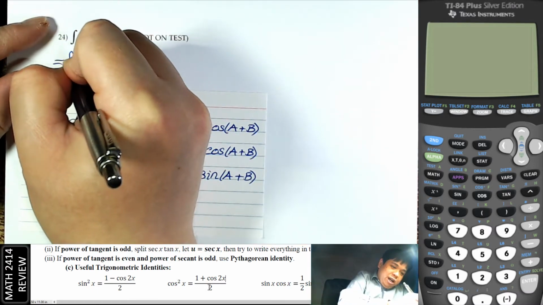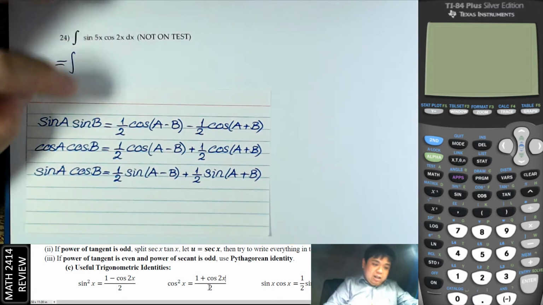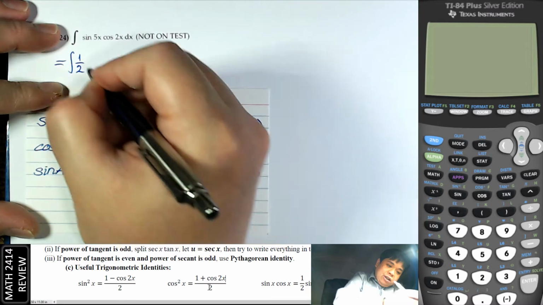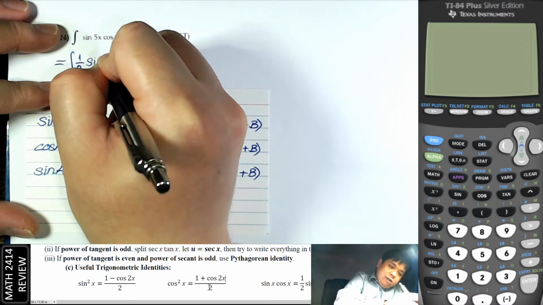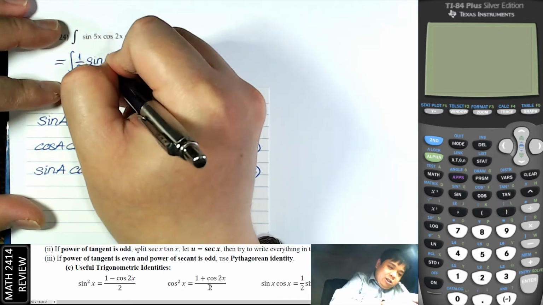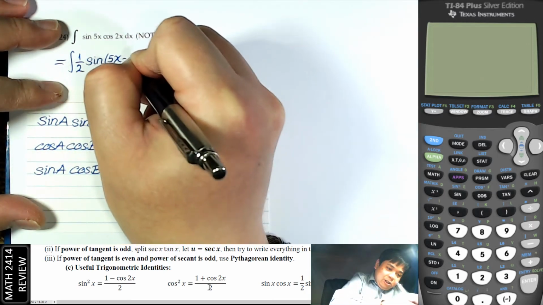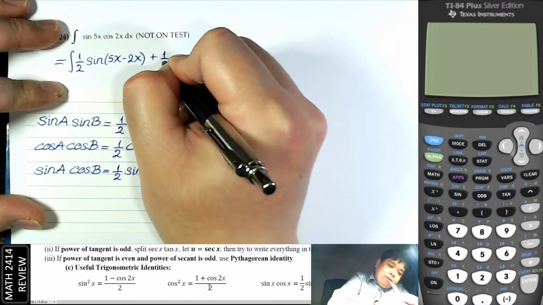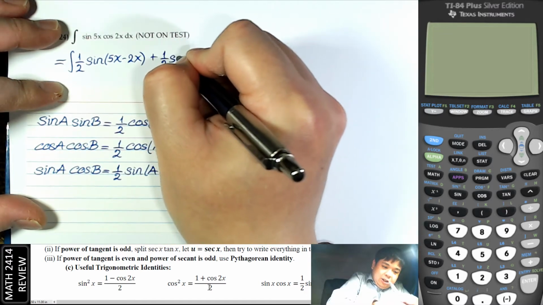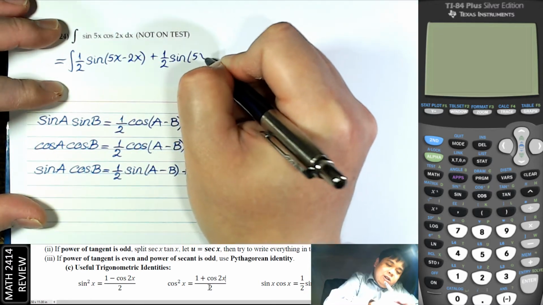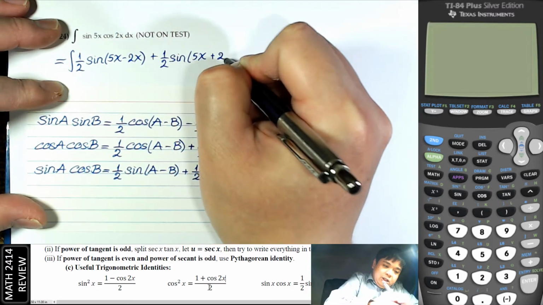Once we know the identity, sine times cosine is 1/2 sine of a minus b, 5x minus 2x, plus 1/2 sine of a plus b, 5x plus 2x.